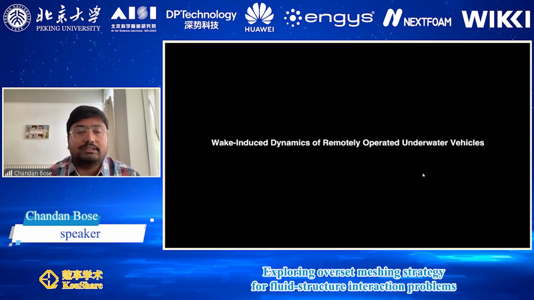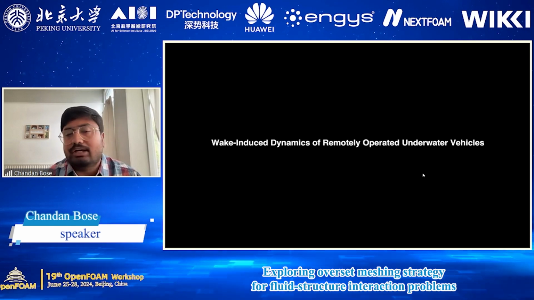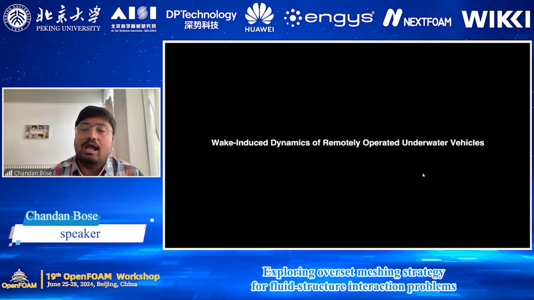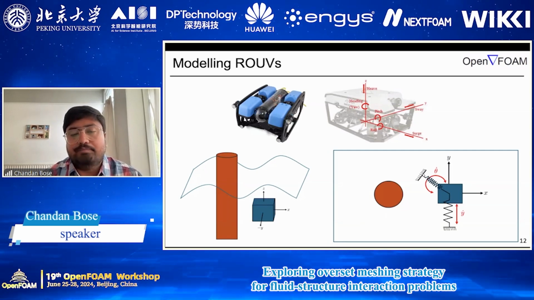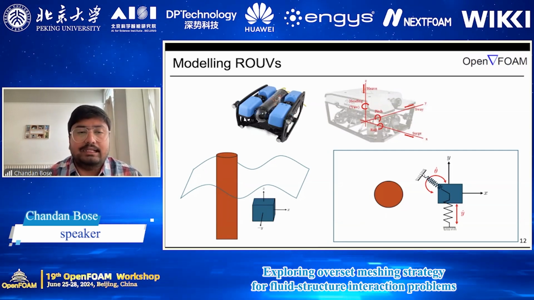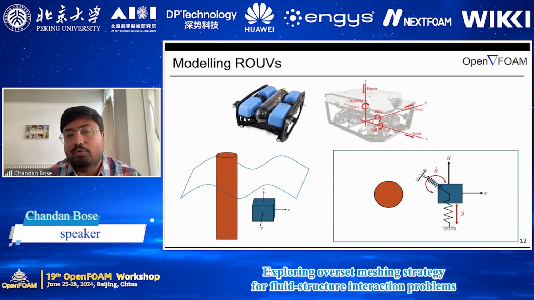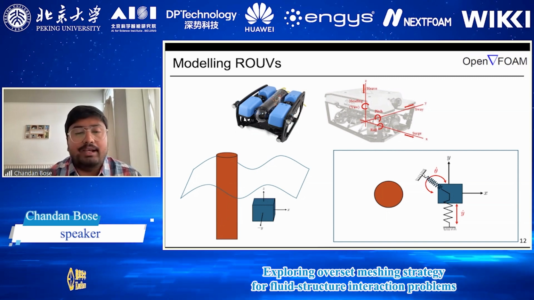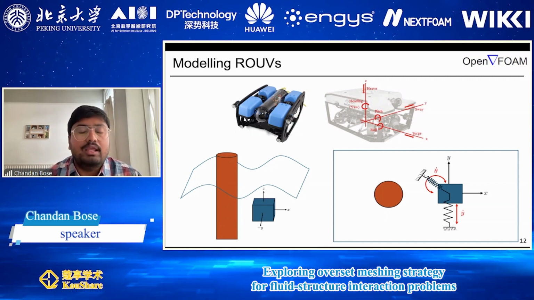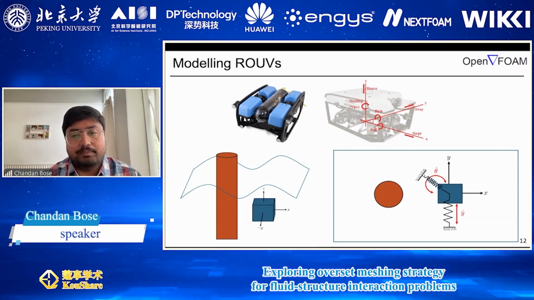Now, the first problem that I would take you through briefly, where we are using this kind of overset technique, is the wake-induced dynamics of remotely operated underwater vehicles. As you might be aware, these are very useful for environmental monitoring in the underwater environment. They can also be used for surveillance and other purposes.